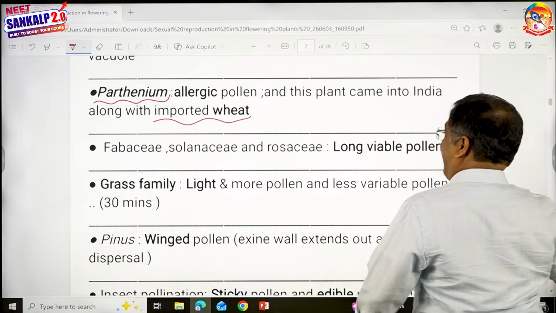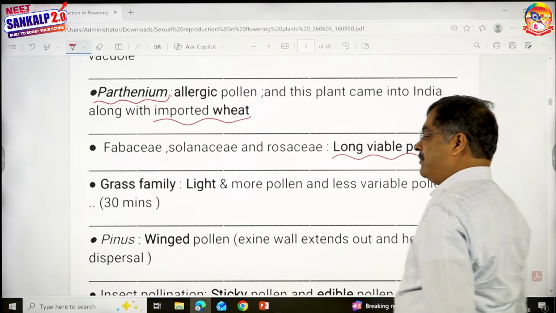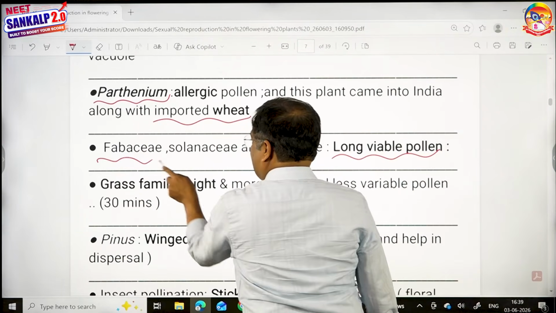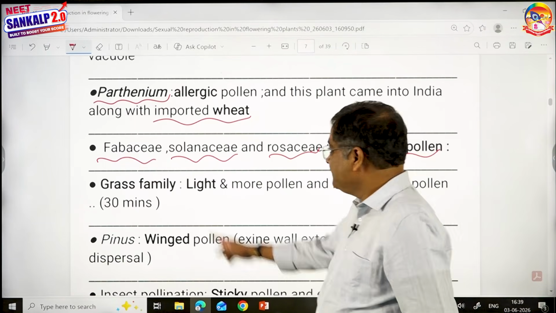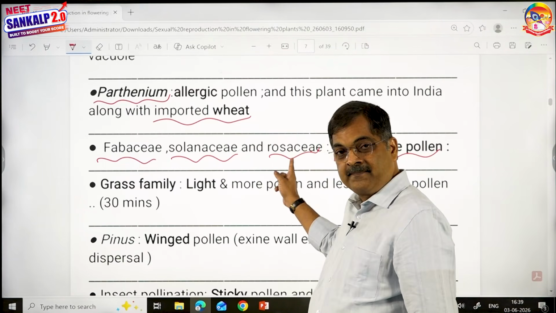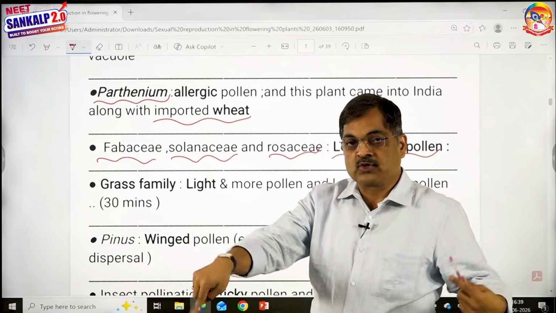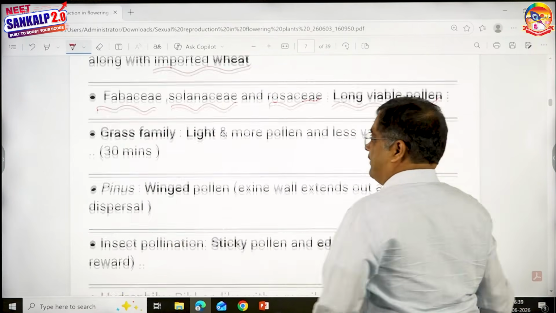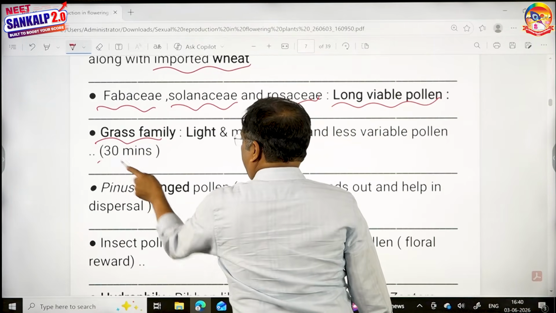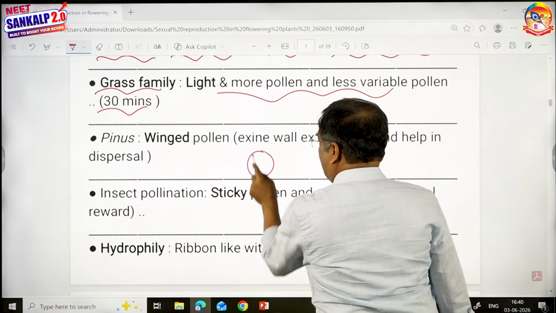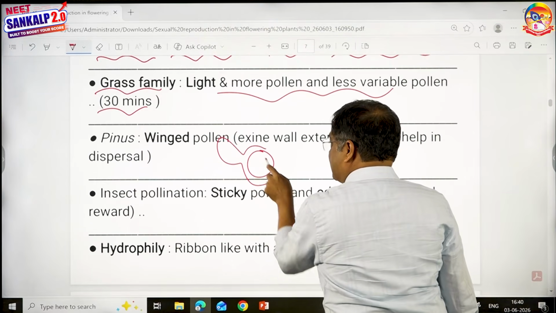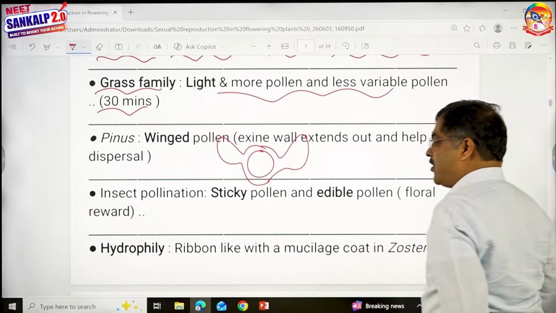Long viable pollen: pollen is viable for many months in Fabaceae, Solanaceae, and Rosaceae. In your syllabus, there are 3 families: Fabaceae, Solanaceae, Liliaceae. Remove lily and put rose. Grass family means Poaceae. Pollen is viable for very little time. Pinus has winged pollen. Look here, the outer exine extends out like this to form a wing-like structure.